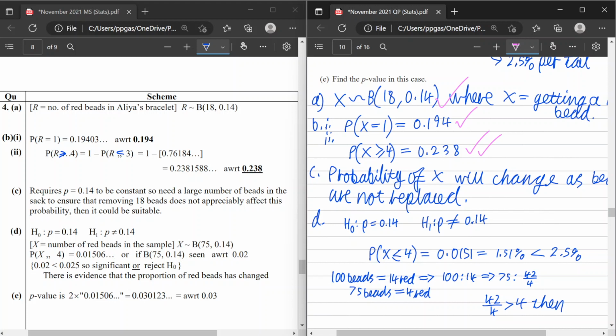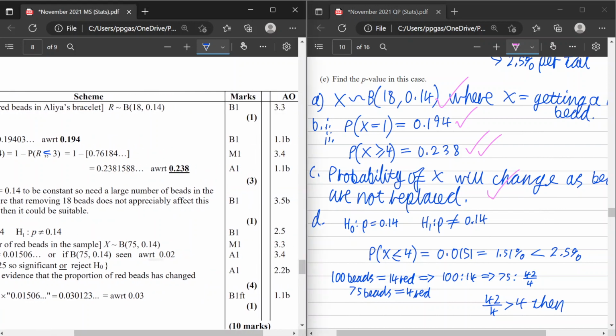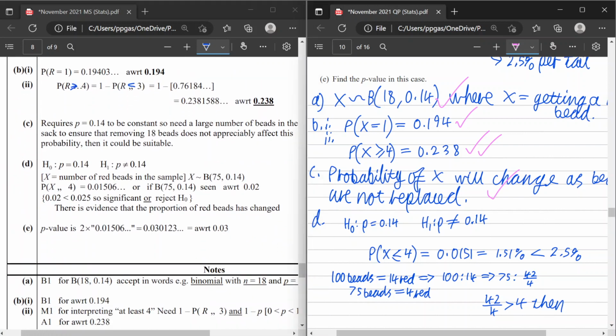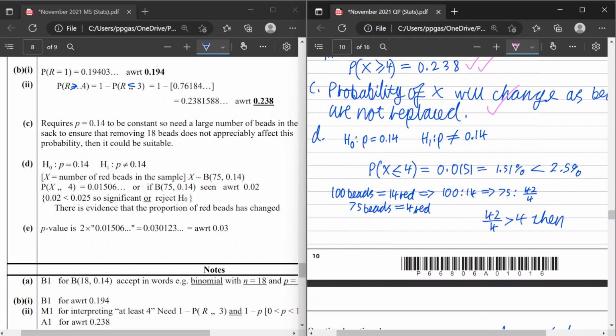But obviously, if you're taking beads out of a bag and not putting them back, then the probability will change. So the binomial distribution will not always work. It will get worse and worse as you take out more and more beads. So yeah, is that just 1 mark? Yeah, it is.